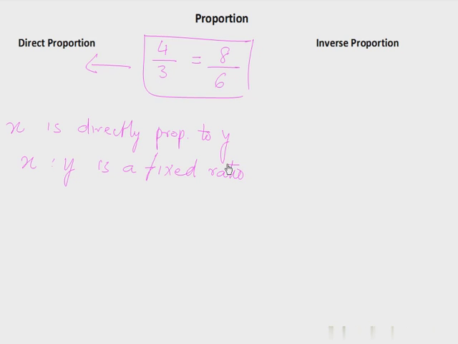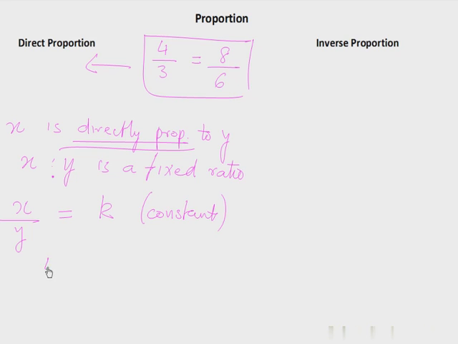That means if X is multiplied by 3, Y will also be multiplied by 3, and if X is divided by 3, Y will also be divided by 3. The ratio of X's to Y does not change. That is the meaning of directly proportional. Another way to say it is the fraction X by Y will always be constant. If X goes up, Y should also go up in the same proportion.